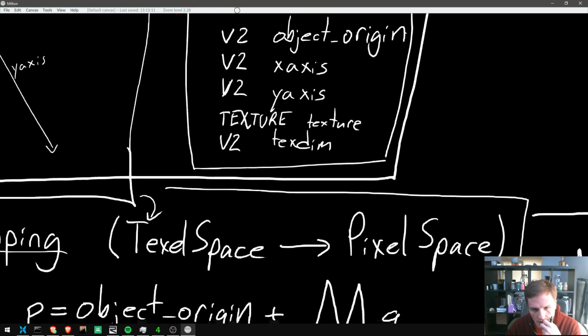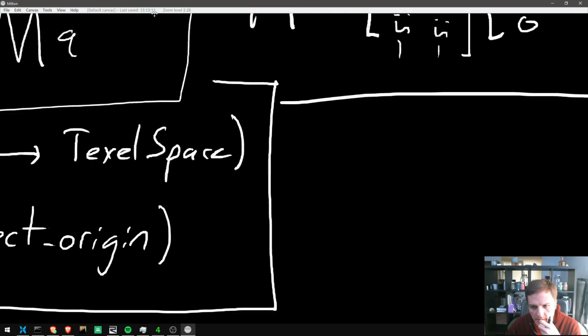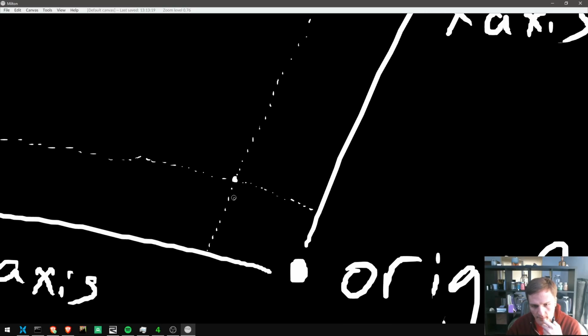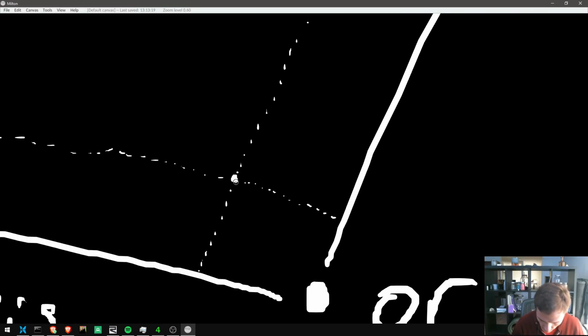I mean, it's confusing because, say this is my pixel center, then the pixel around it might look like this. And so the bottom right of the pixel is this point here.